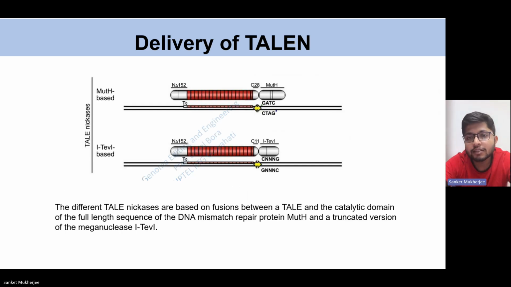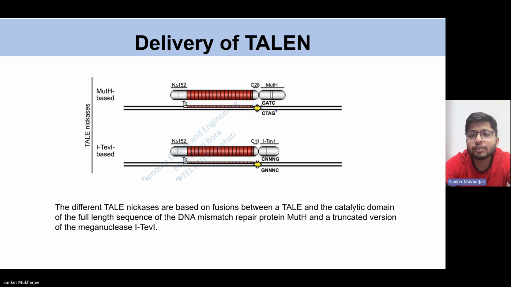Nicks or a single stranded break could also be introduced using TALEs. So here we used different functions, different proteins like MutH or again TevI, another truncated version of meganuclease. And MutH is a DNA mismatch repair protein.